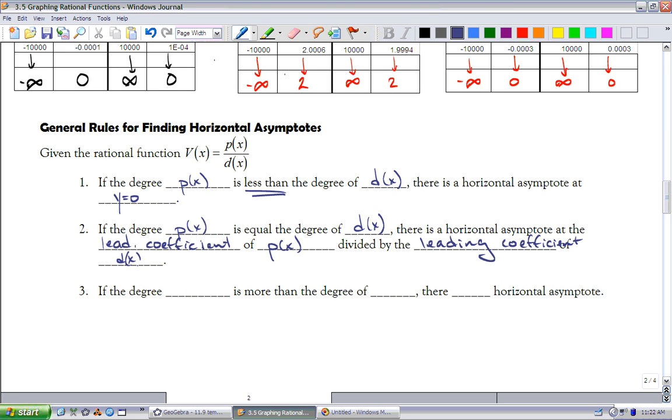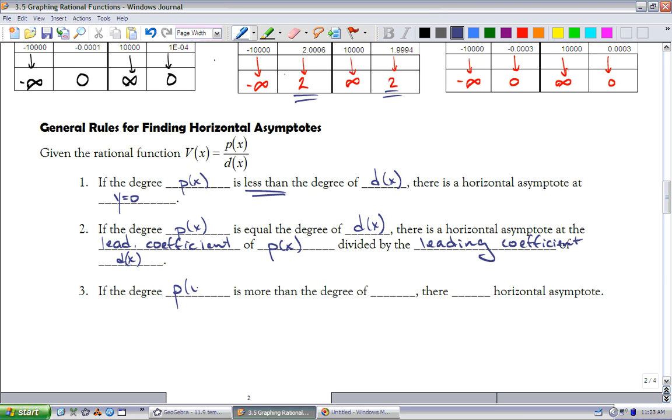Now that is like the middle one that we saw up here where it went to 2. Notice the leading coefficient was 2 in the top, and in the bottom it was 1, so it was 2 over 1. And that's why it approached 2 up here.